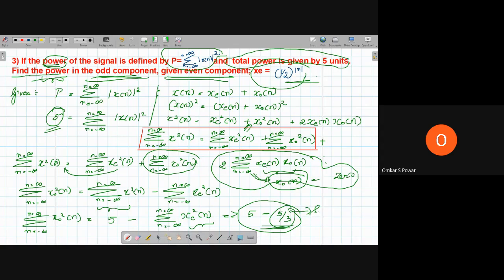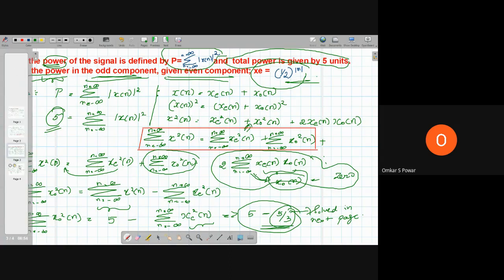This is solved on the next page, if you want to refer to the PDF. So what we have done: we have understood the question here, and then written what the given things are. We have expanded in terms of the power of the signal, then we want the power in the even component in order to get the odd component.